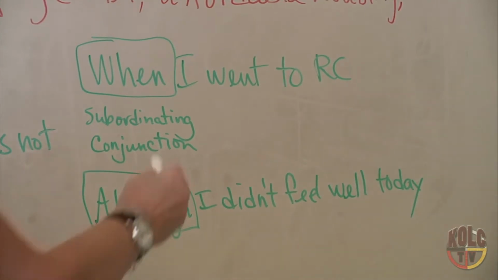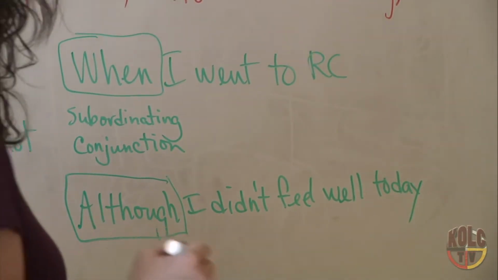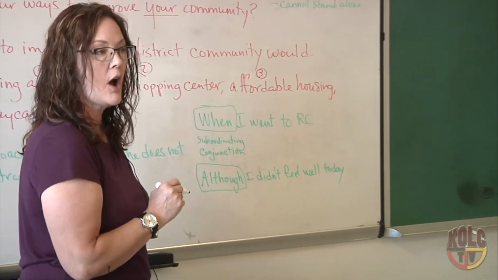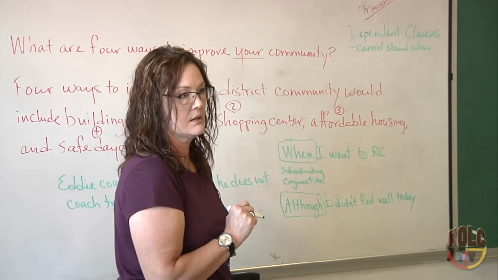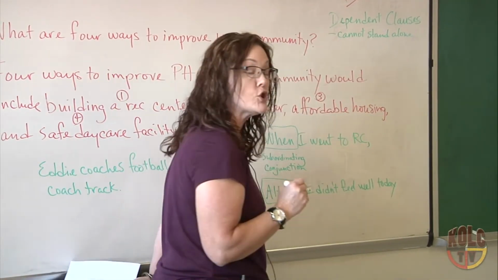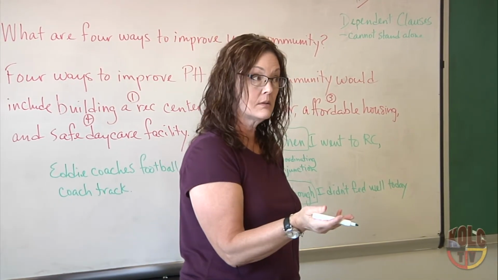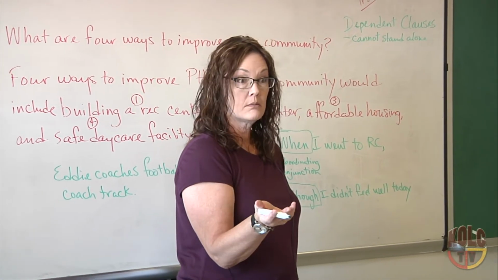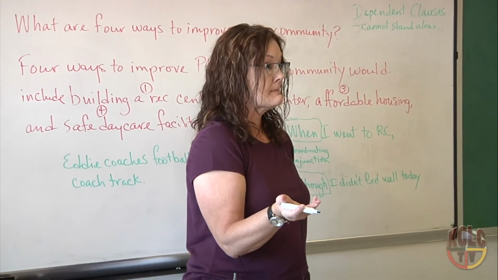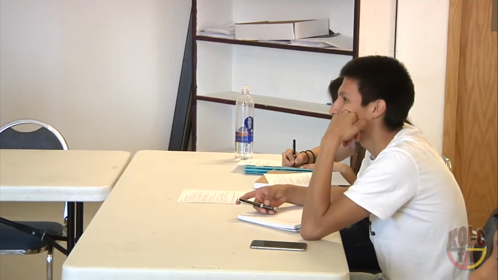Now, is the rest of the sentence complete? Is that a complete sentence? I went to Rapid City? Yeah. Yep, it is. So that could be a complete sentence. But if you're going to say when on the front of it, it is not. So that means you need a comma and you need to finish your thought. When I went to Rapid City, what? I went to Walmart. I went to Walmart. Thank you, girl. I went to Walmart.